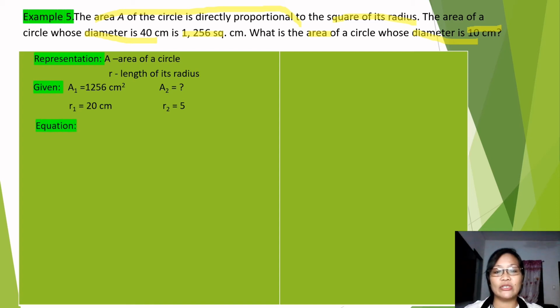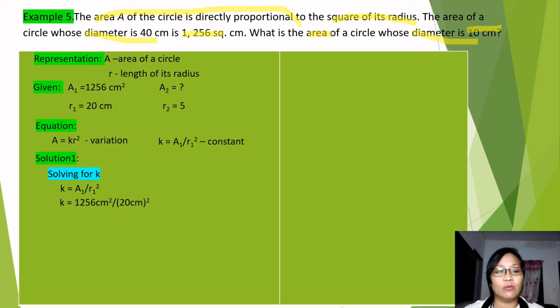Next, of course, the equation. For our variation, A is equal to K R squared. And for our constant, K is equal to A sub 1 all over R sub 1 squared. For our solution, solving for K, we have K is equal to A sub 1 all over R sub 1 squared. Then substitute the given. K is equal to 1,256 centimeters squared all over 20 centimeters squared.